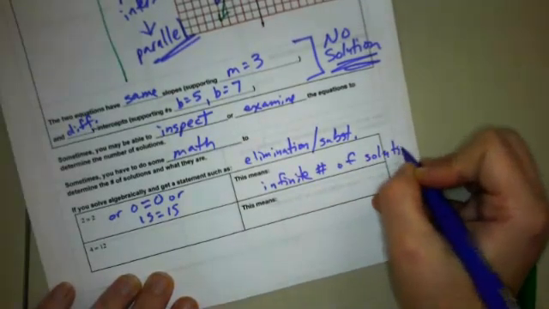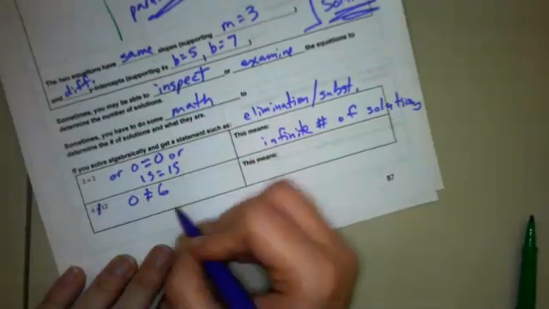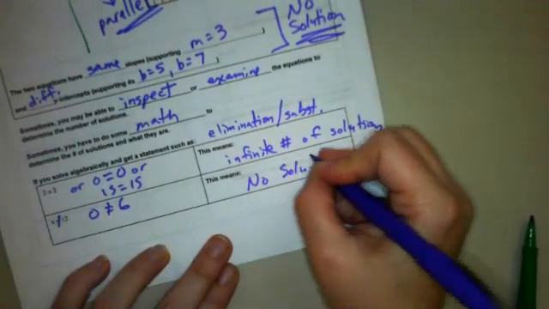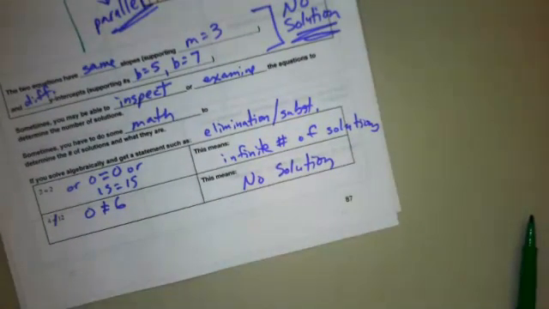If you get something like 4 does not equal 12, or 0 equals 6, that means that there's no solution. And that's the takeaway from that.